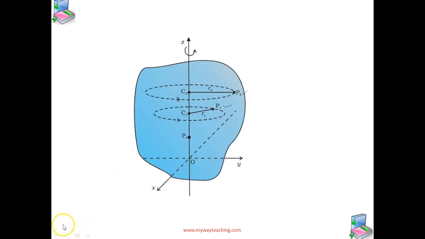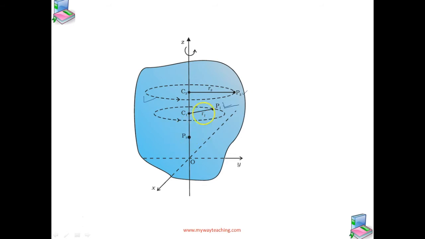I told you that, it is lying in a plane. You can see in this figure, the point P1 is a particle of the rigid body, chosen randomly.